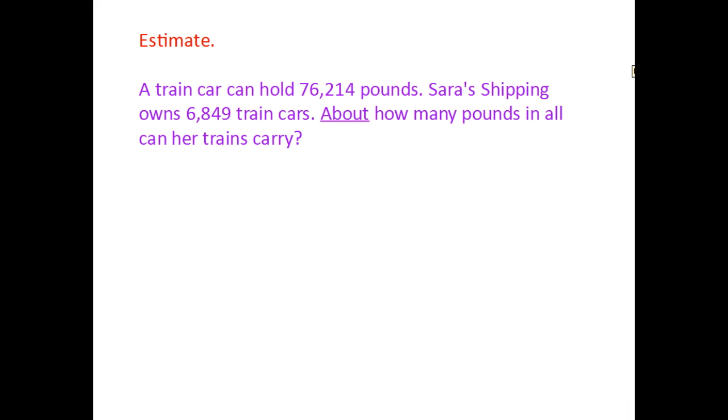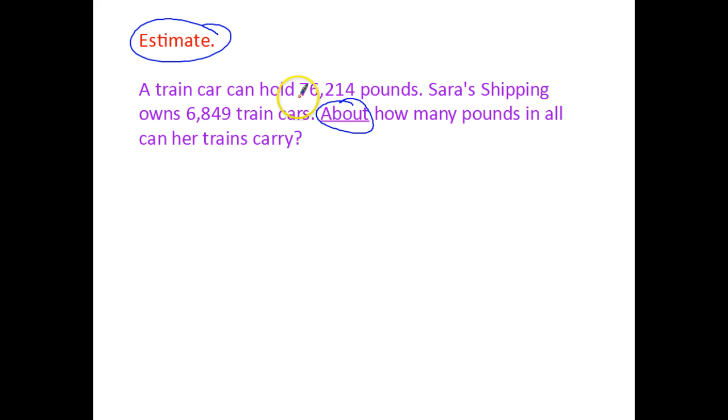First thing I notice when I read this question is I see the word estimate and I see the word about. This means I'm going to round numbers off and I'm not using an exact number. Since the train car can hold 76,214 pounds, Sarah's Shipping owns 6,849 train cars. About how many pounds in all can her trains carry?